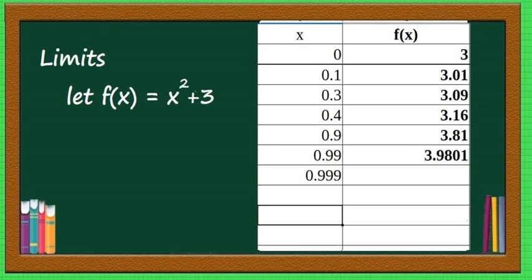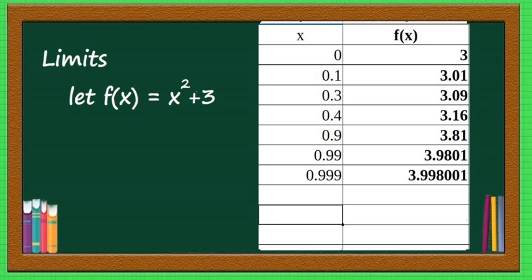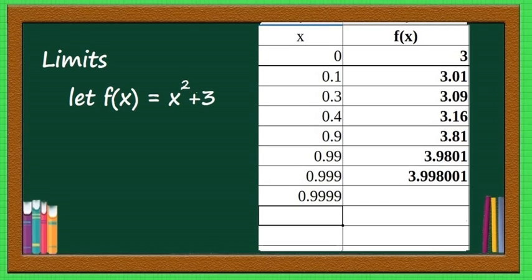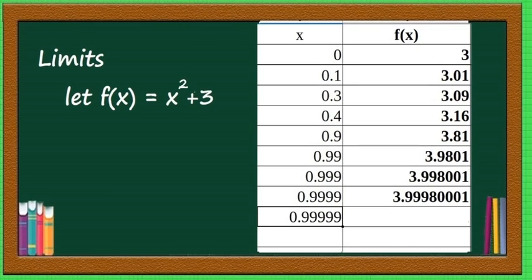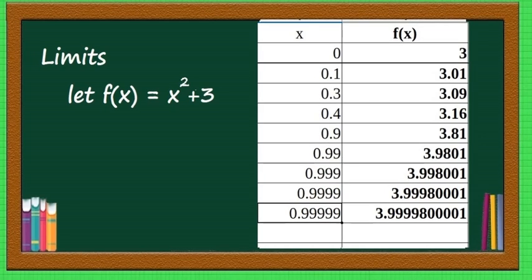When x is 0.99, f of x is 3.9801. When x is 0.999, f of x is 3.998001. When x is 0.9999, f of x is 3.9998001. When x is 0.99999, f of x is 3.99998.